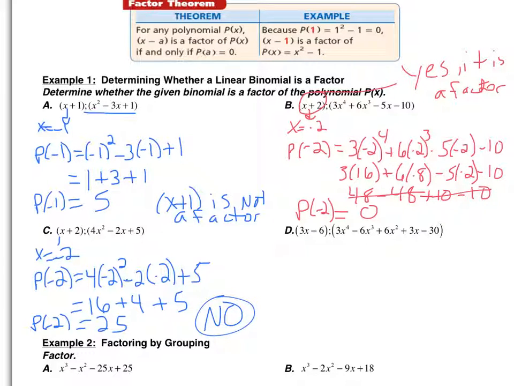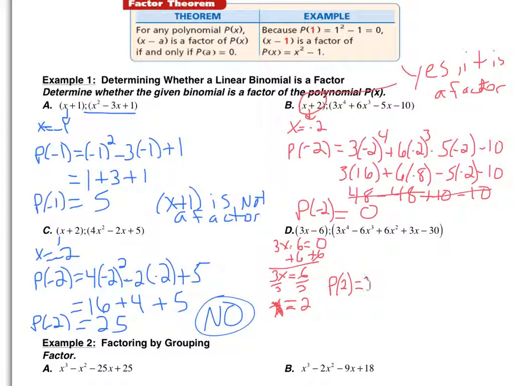And then letter D, if we have 3x minus 6, we want to find out what x is, so we add 6. 3x equals 6, divided by 3. x equals 2. So we want to do p of 2.